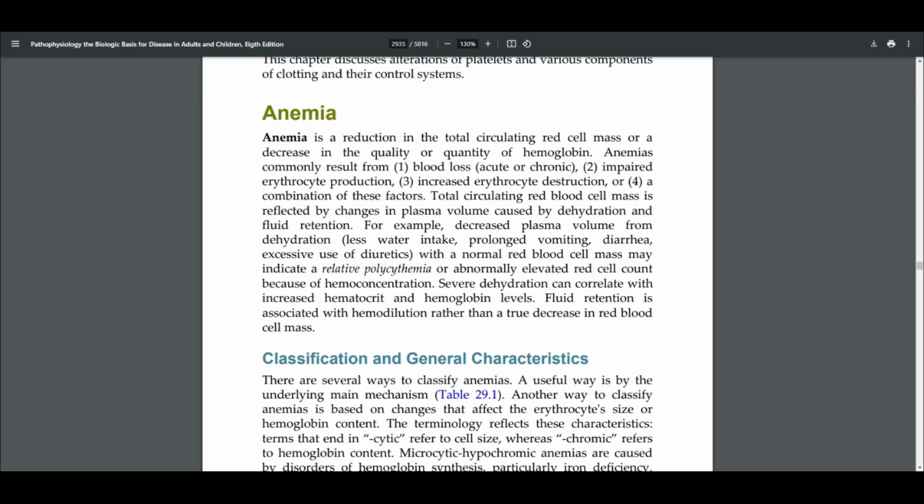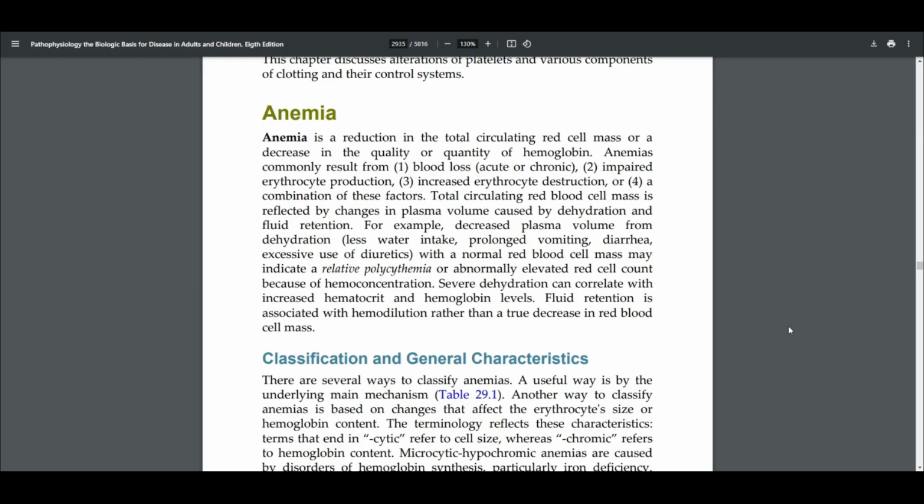An example of this is decreased plasma volume from dehydration with a normal red blood cell mass, which may indicate a relative polycythemia, or an abnormally elevated red cell count because of the hemoconcentration. Severe dehydration can correlate with increased hematocrit and hemoglobin levels. Fluid retention is associated with hemodilution rather than a true decrease in red blood cell mass.